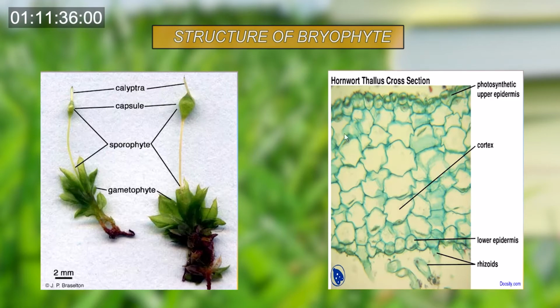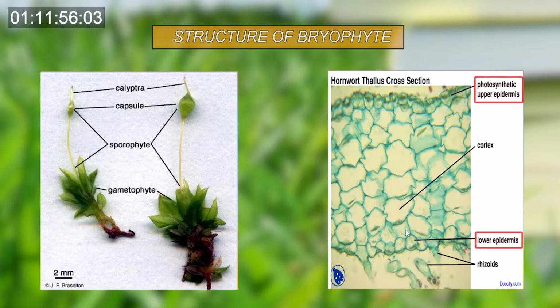If a section is seen, as in this diagram, through the hornwort thallus, there is an upper epidermis and a lower epidermis.